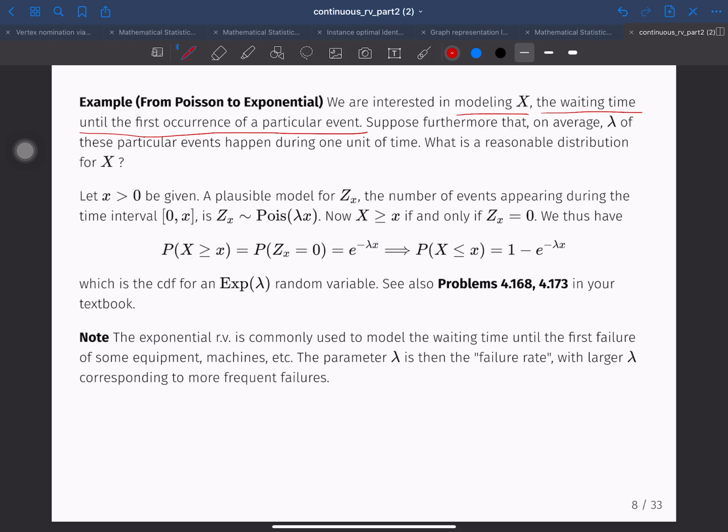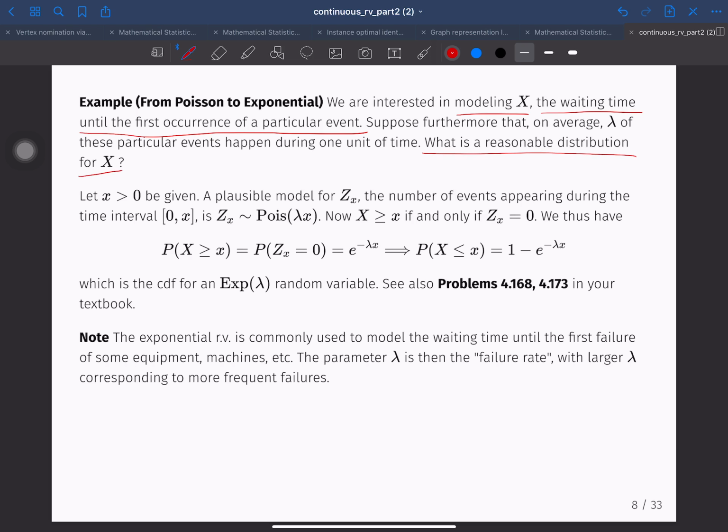And suppose we model that on average, lambda of these particular events happen during 1 unit of time. Say, over a span of 1 hour, on average, 3 buses come. So what is the waiting time for the first bus if you show up at the bus stop? So then the question is, what is a reasonable distribution for this waiting time X?